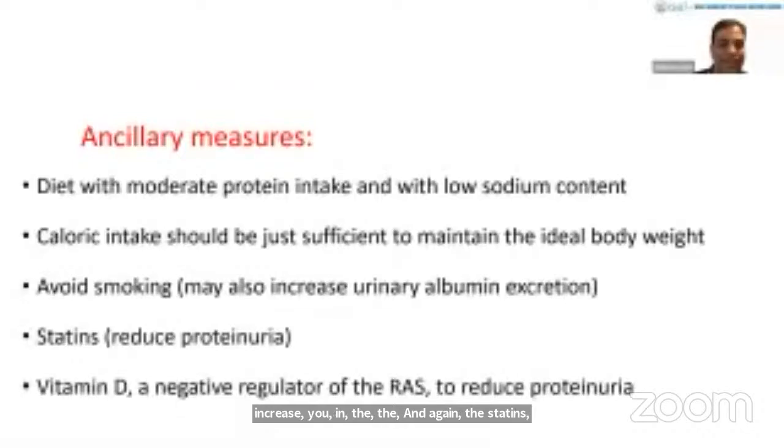Some patients may be on statins, which reduce the proteinuria. And vitamin D is also a negative regulator of the RAS to reduce the proteinuria. So apart from the routine therapy, these ancillary measures are really useful in managing post-transplant proteinuria and equally beneficial alongside the treatment. So these are also most important.